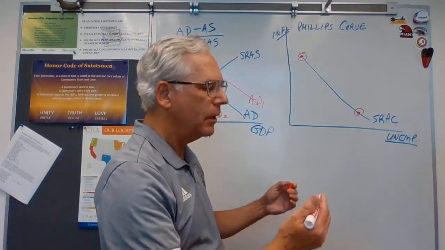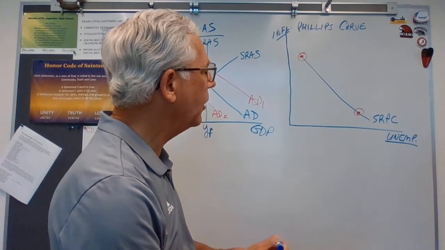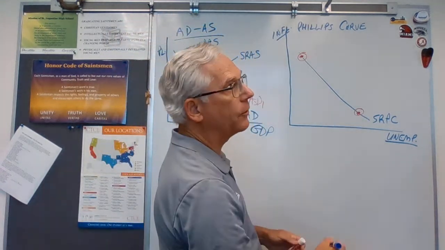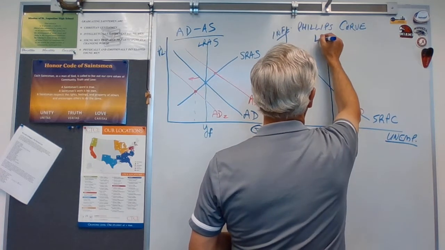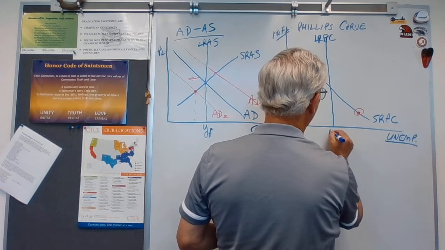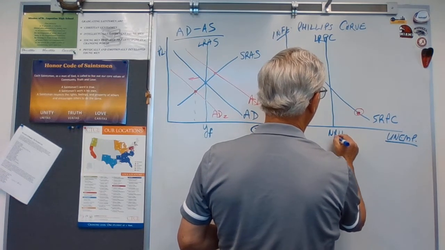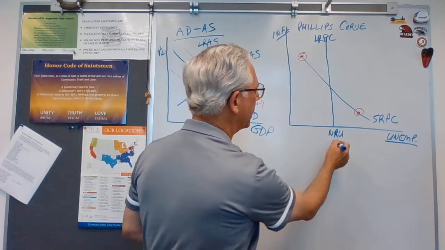And in fact, what I said at the end of the video for last week is that we've determined that there is something called the long run Phillips curve, LRPC, which is at the natural rate of unemployment. So that says NRU, natural rate of unemployment. Okay.